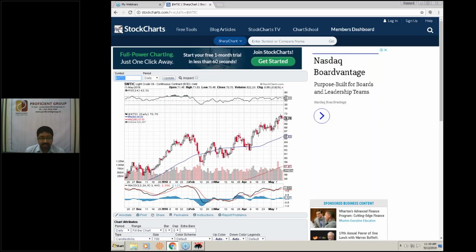As the US is imposing its sanctions over Iran, there is some concern over the supply of crude oil, and that is actually overriding the strength in dollar index. Because of this supply concern, crude oil prices are actually rising.